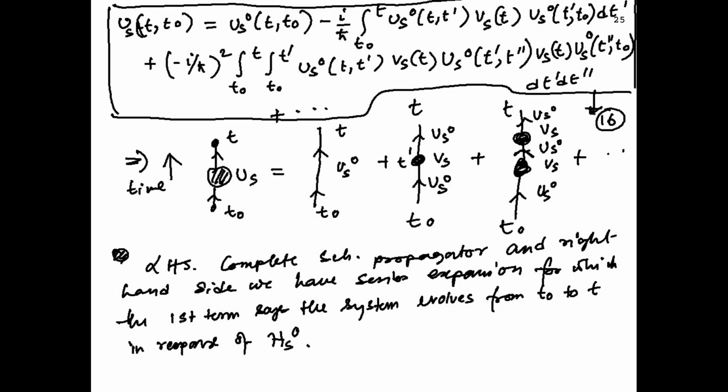Now if I rearrange all the terms, I get this form: U_S(t, t0) is equal to U_S0(t, t0) plus this series. For each of these terms in the series, there is a simple way to remember and interpret it.